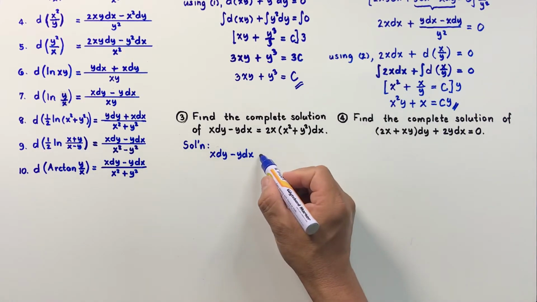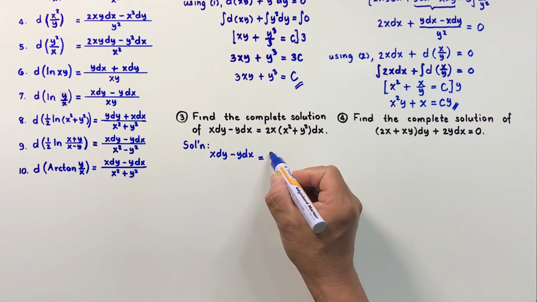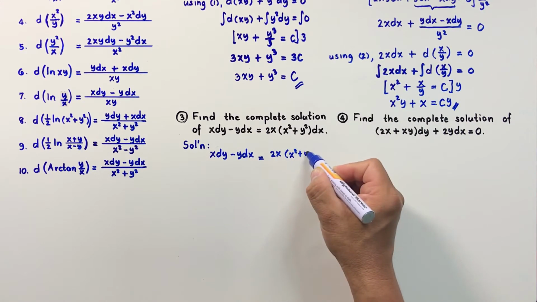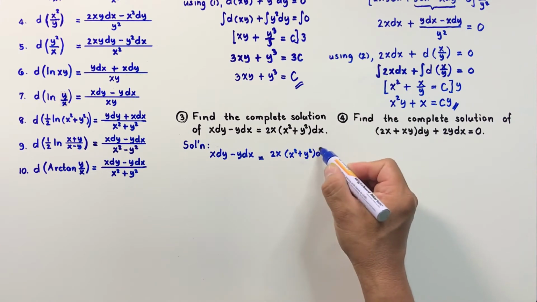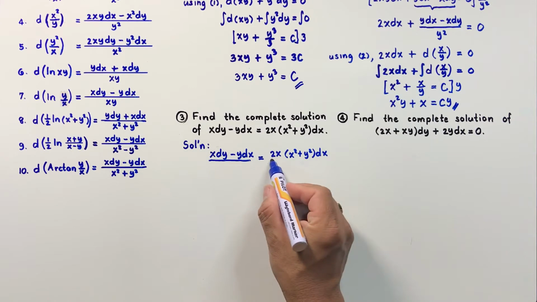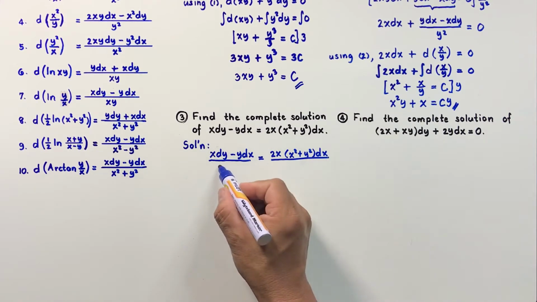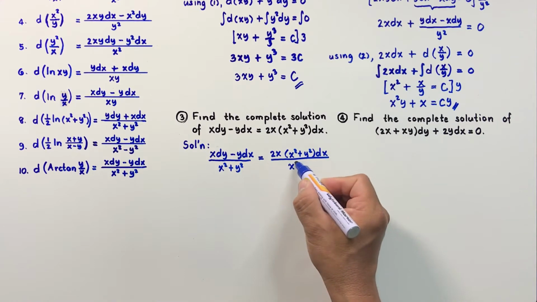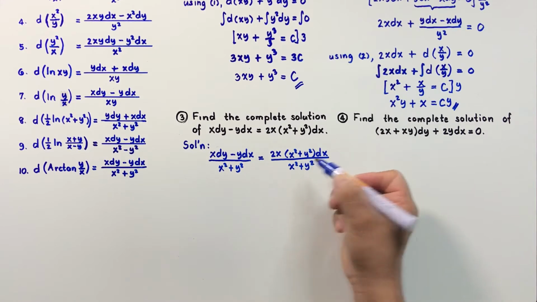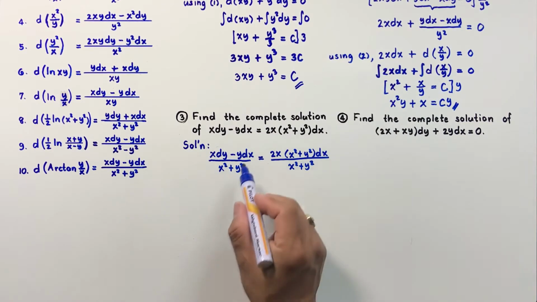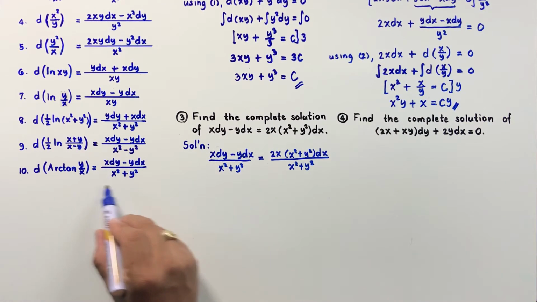So when we divide both sides of the equation by this factor, we notice that we can remove this factor here at the right by dividing both sides of the equation by x squared plus y squared, and it is already obvious to see that this is the same as the integrable combination number 10 here.